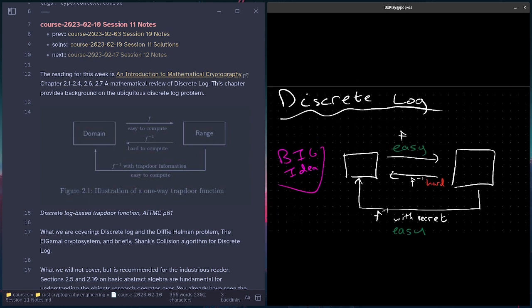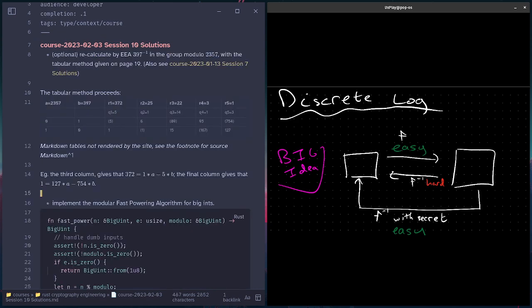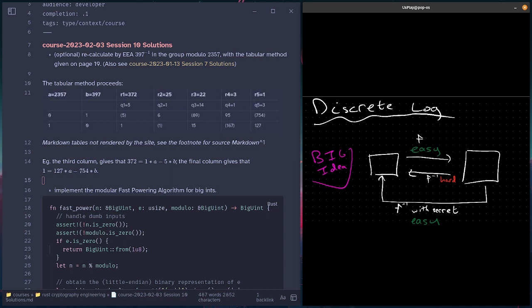Then moving on, I wanted to quickly go through the solutions from last week. There were a couple of exercises for last week. Last week should be reasonably a review of some stuff, but there were a couple of pieces that were new.